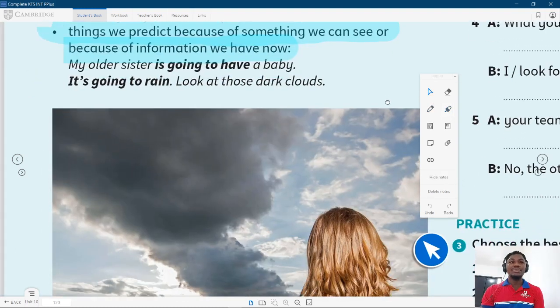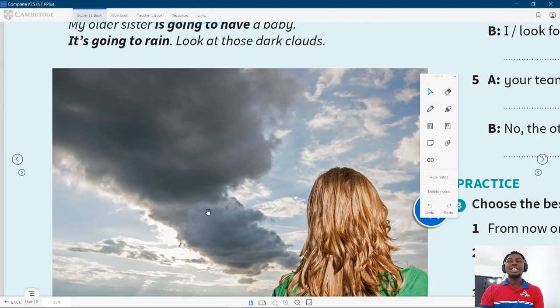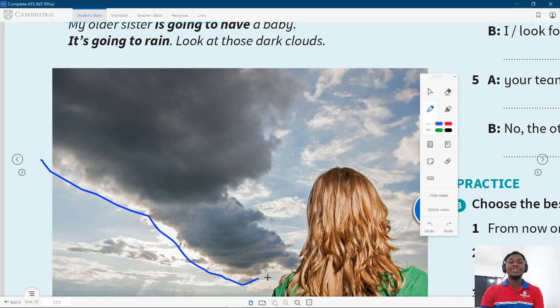So an example: you can see a thick cloud. It is very cloudy now. So the information I have now is that it is cloudy. When it's cloudy, I know it's going to rain.